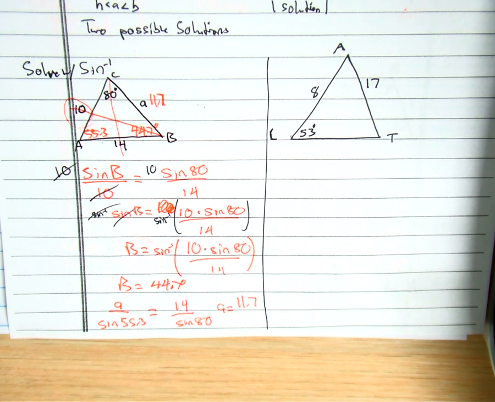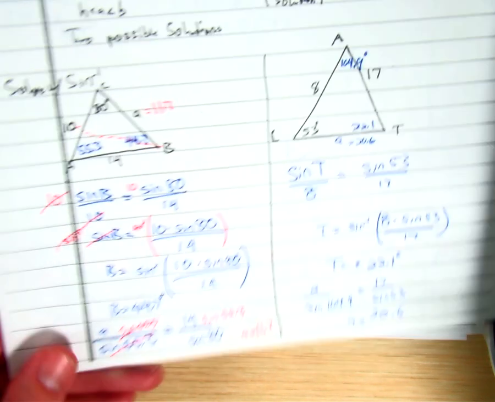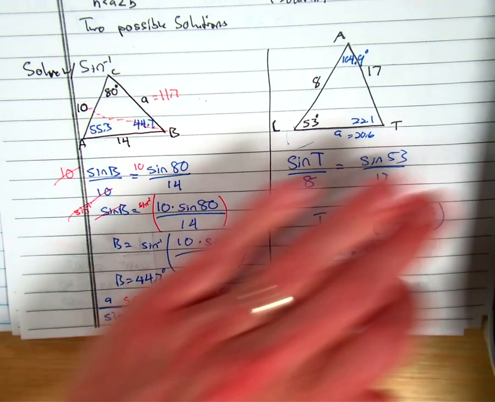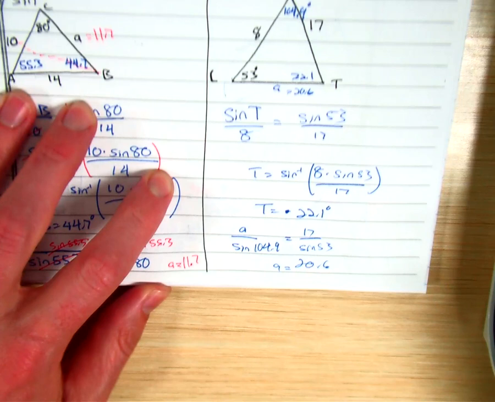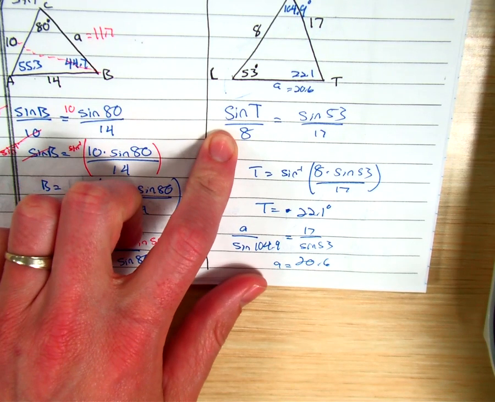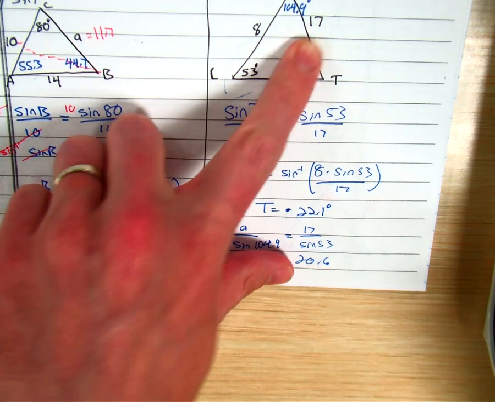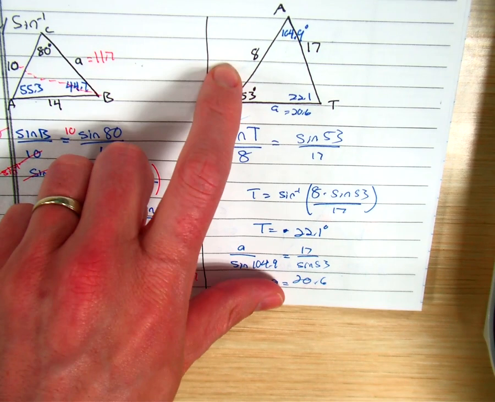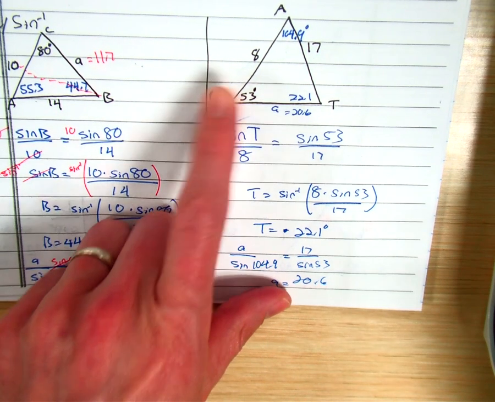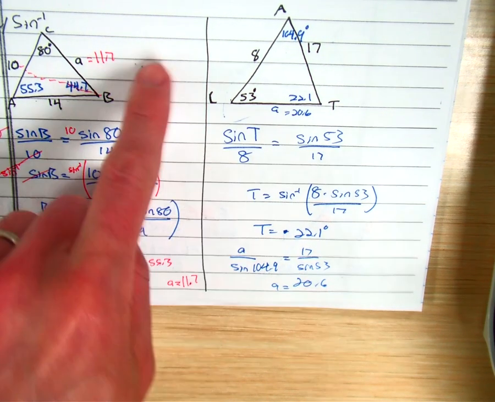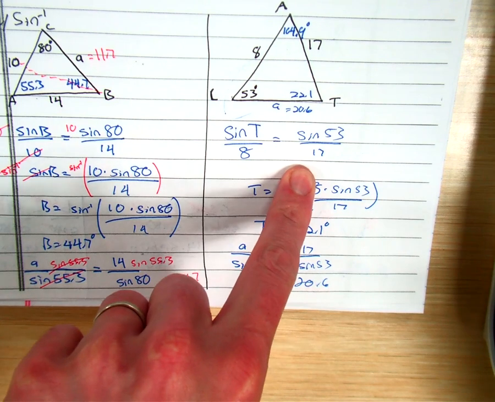Alright, welcome back. Hopefully you got these answers. Starting it off, this is our matching set, and the only other thing we have is 8, which is across from angle T. So sine T over 8 equals sine of 53 over 17.